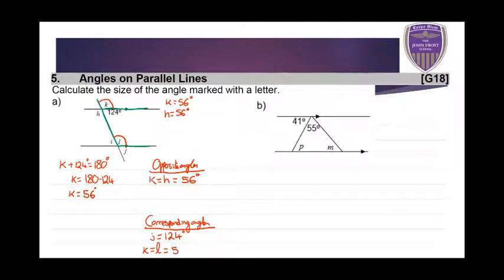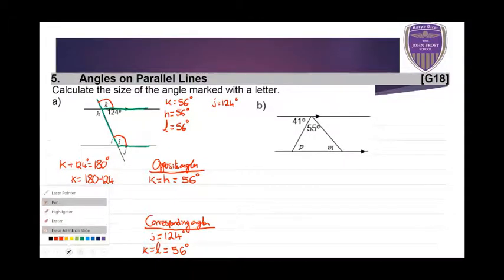Therefore L is also 56 degrees. So just to write it here, we know that J was 124 degrees, and we now know that L is also 56 degrees.